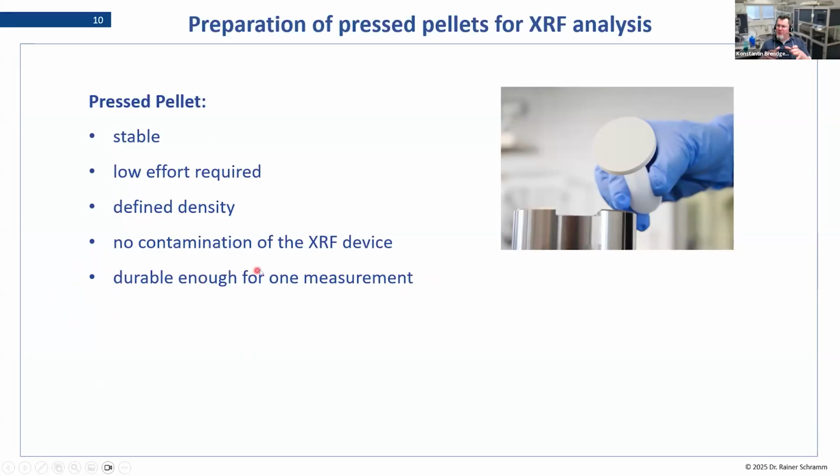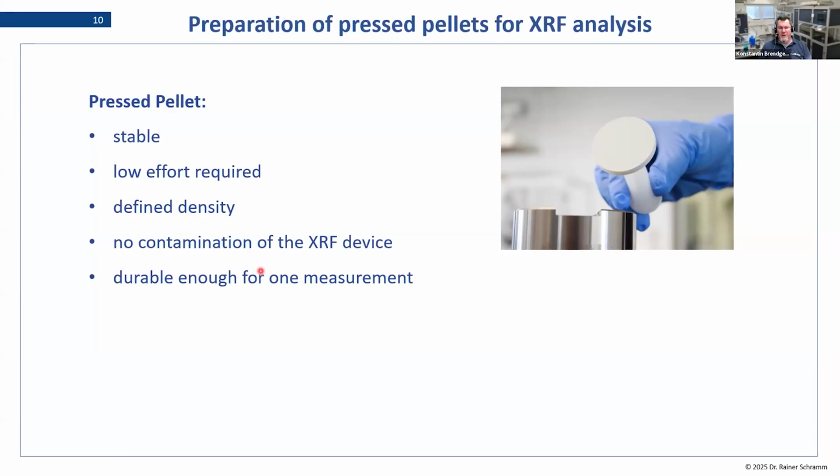The preparation itself will age quite quickly because the powder will take moisture and other things. So I think a good approach to this is do the preparation, measure the samples as quick as possible, and then once you've got your results done, just get rid of them.